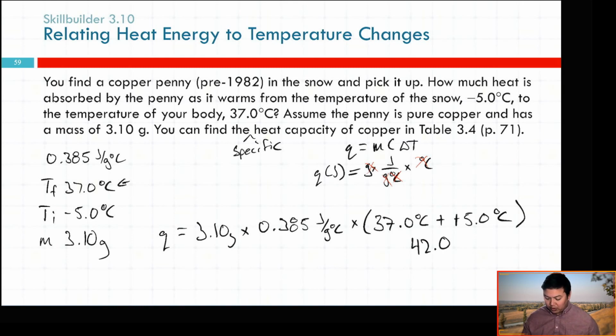Because we have one decimal place. 42.0 degrees C. And then we're going to multiply that by 0.385 and 3.10, and we'll get a heat of 50.127 joules. And since we have 3 significant figures, we will round this to 3 significant figures and get 50.1.